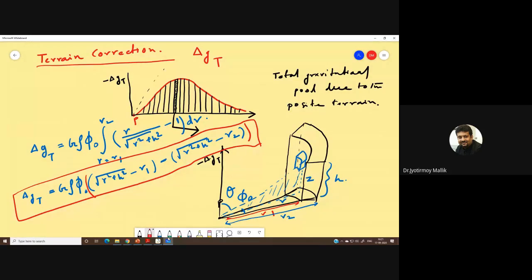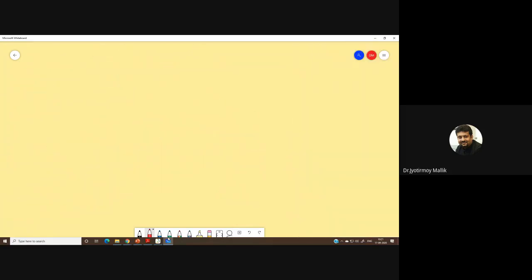Okay, so you have beautiful satellite images nowadays and digital elevation models, DEMs, where if you have your digital elevation model properly sorted out. So the digital elevation model, let me just show that part to you. Digital elevation models are nothing but contour maps, right? So you have elevation contours.